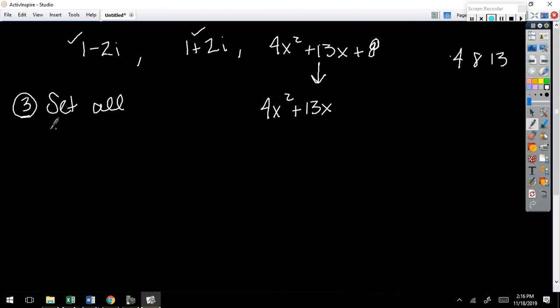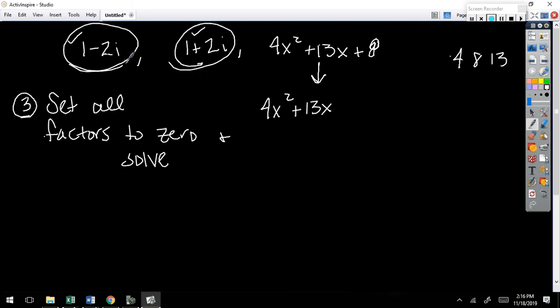Which we've already done here, and here, because those are already the zeros. So now we just need to set this equal to 0 to solve.